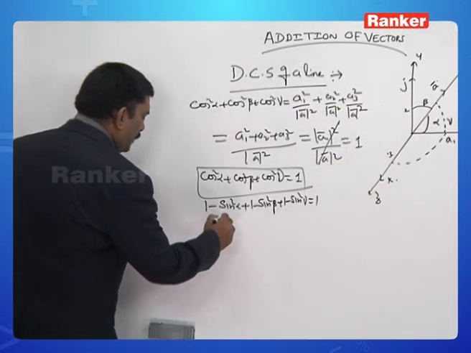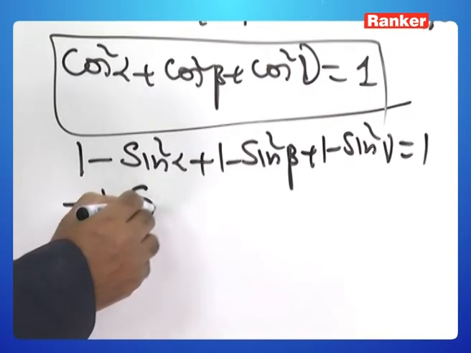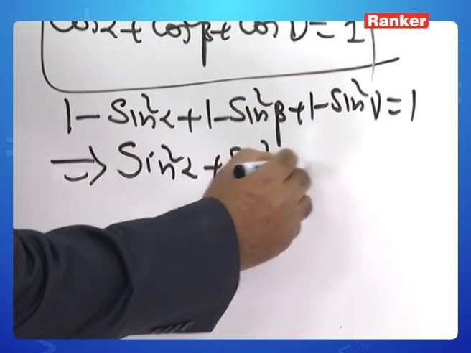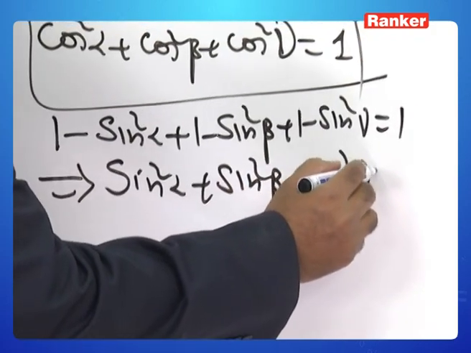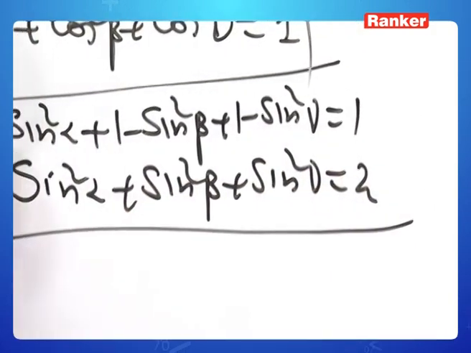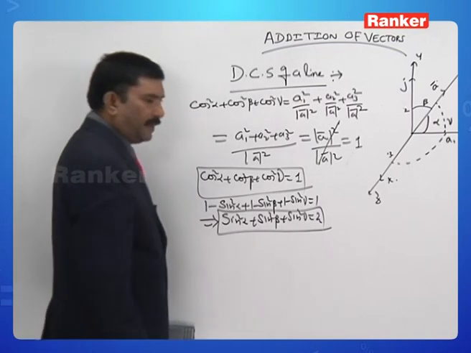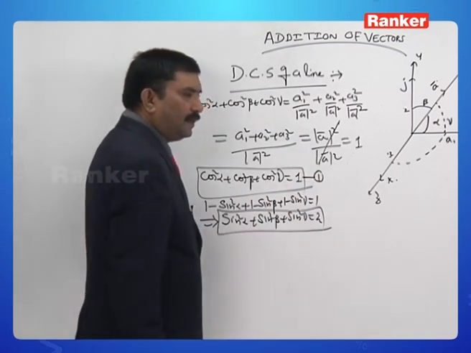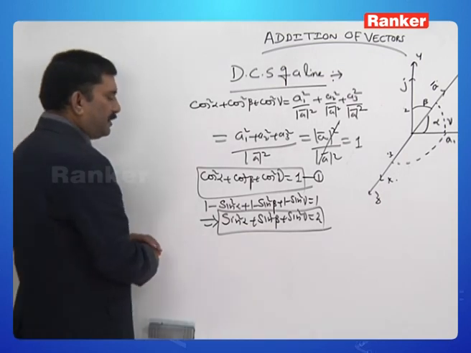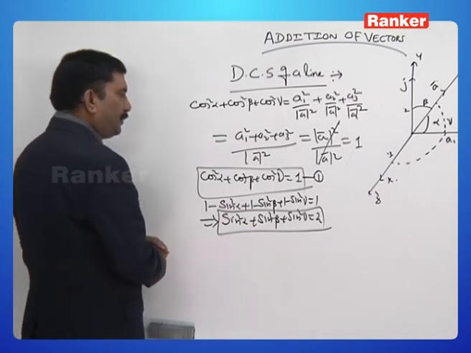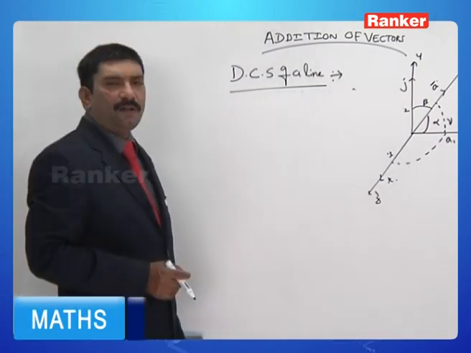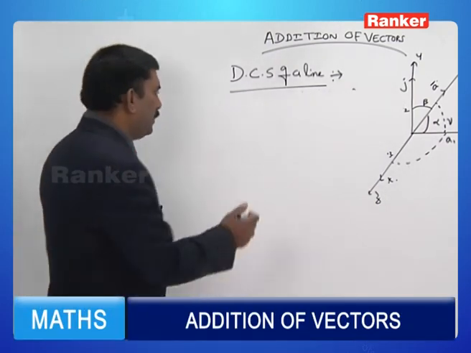So therefore, which implies sine square alpha plus sine square beta plus sine square gamma is equal to 2. Yes, this is the application of 1 only. This is one way. Sigma sine square alpha is equal to what? 2.